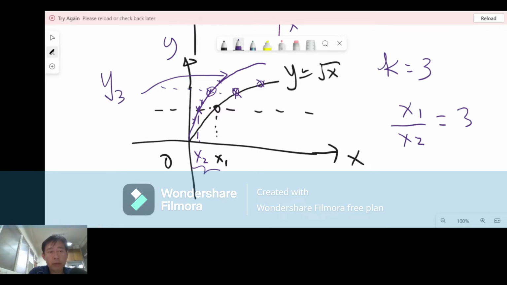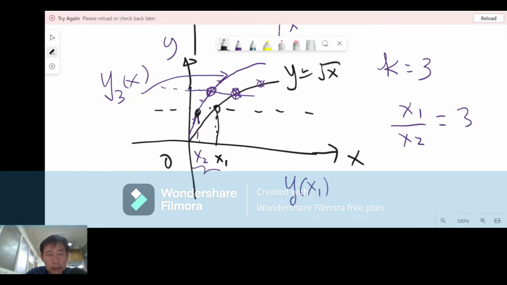Let me call this y3. The values of the compressed function y3 and the original function y fulfill a condition. Let me refer to these two points more concretely: x1 here and x2 here.